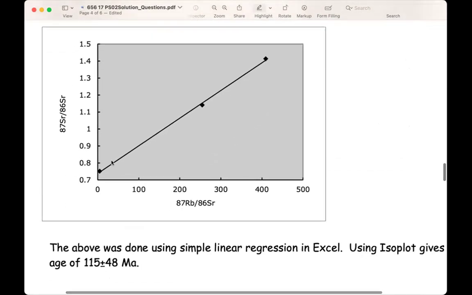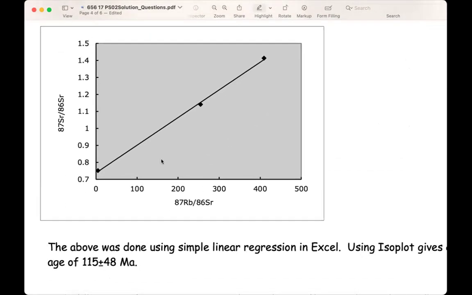Anyway, you should plot these values on graph paper, and you will typically have this type of isochron, right? You see the middle point is not lying on the line, and even the first point does not lie on it.